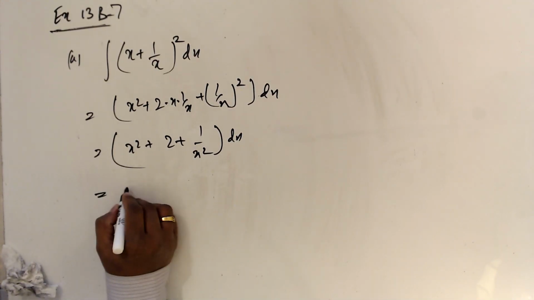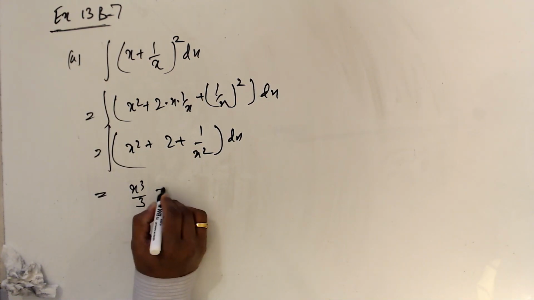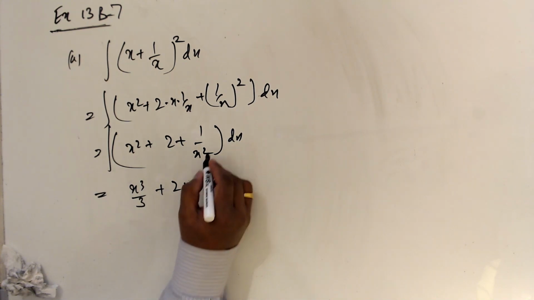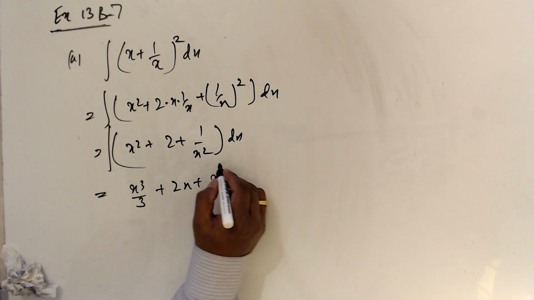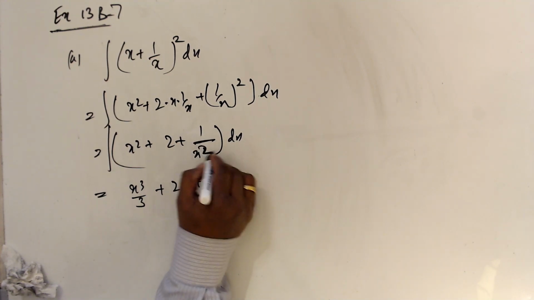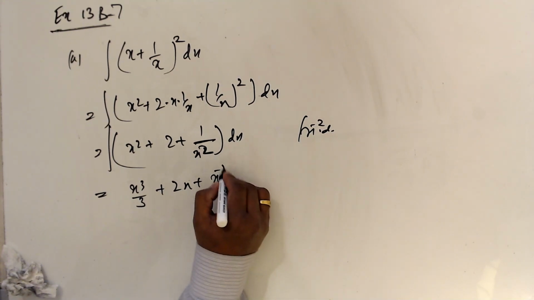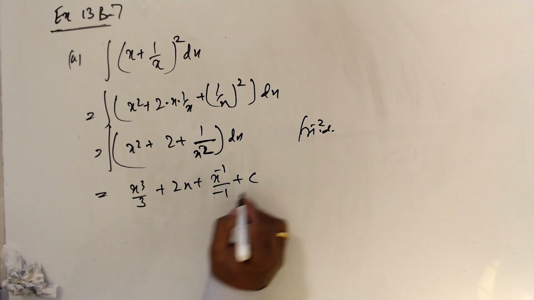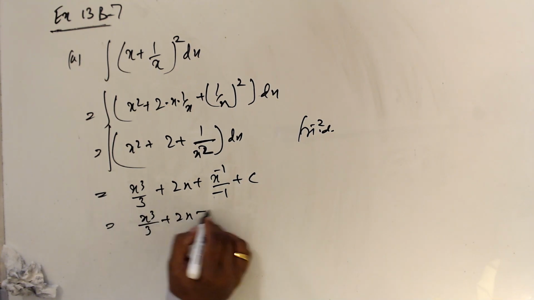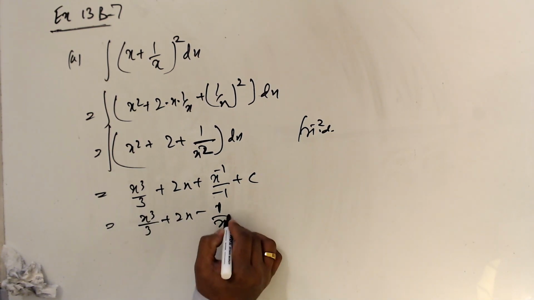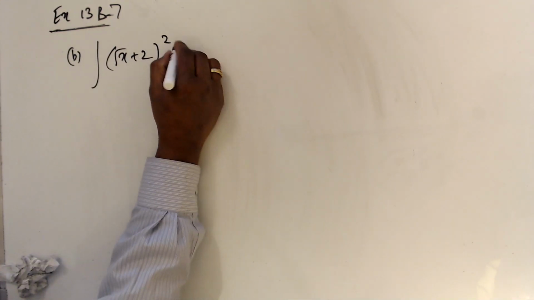So this is going to be x cube over 3 plus 2x plus, this is x^-2, so x^-2 dx. It means x^-1 over -1 plus c. So x cube over 3 plus 2x minus 1 over x plus c.